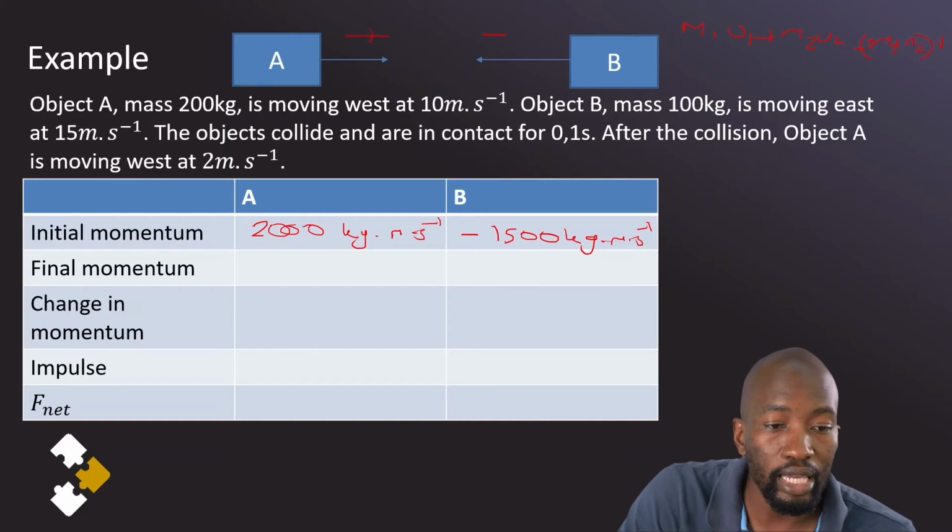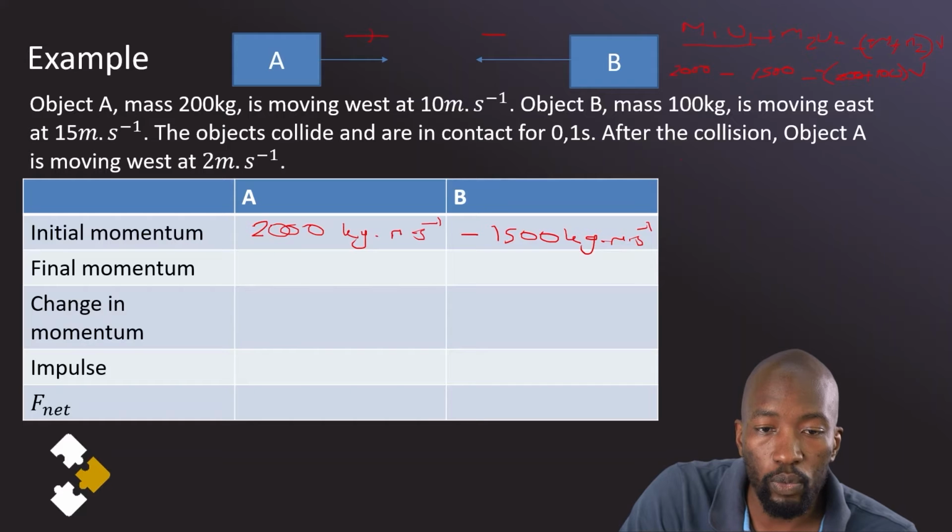So we know the initial momentum. Remember, this is the initial momentum of A, so I'll just say it's 2,000 instead of doing the calculation again, minus 1,500 for the momentum of B. This is equal to 200 plus 100, the mass, with one velocity.